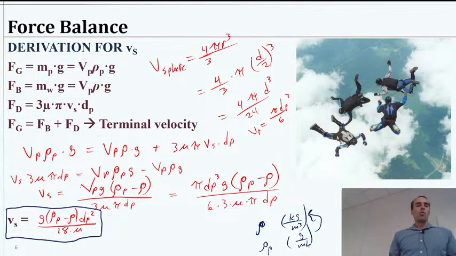So if we stop and think about what's all determining that sedimentation velocity, we have several constants: the difference between densities of the solid and the liquid, and the drag force shows up in terms of viscosity and the diameter of the particle.